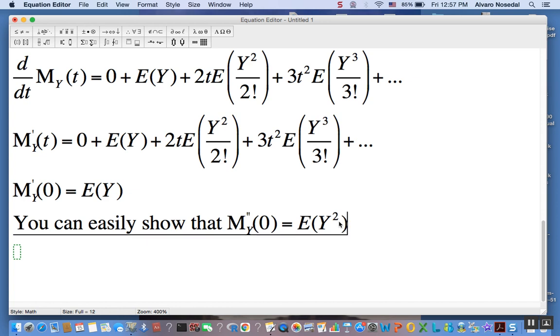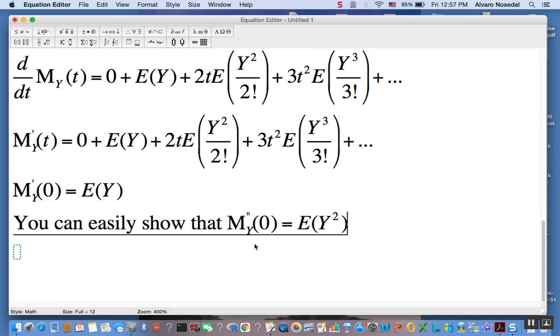Make sense? Okay, so just to summarize, what we did today in this video was introducing the MGFs. One of the important features of MGFs is that they give you the moments of a random variable about the origin.